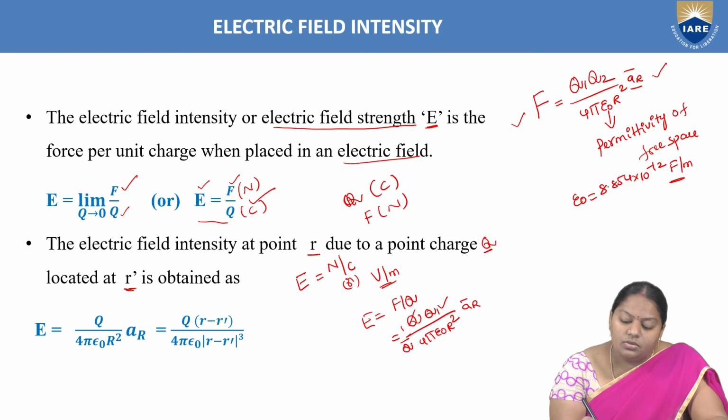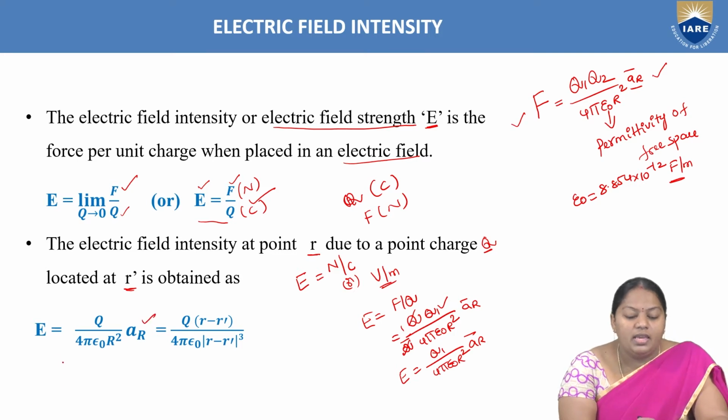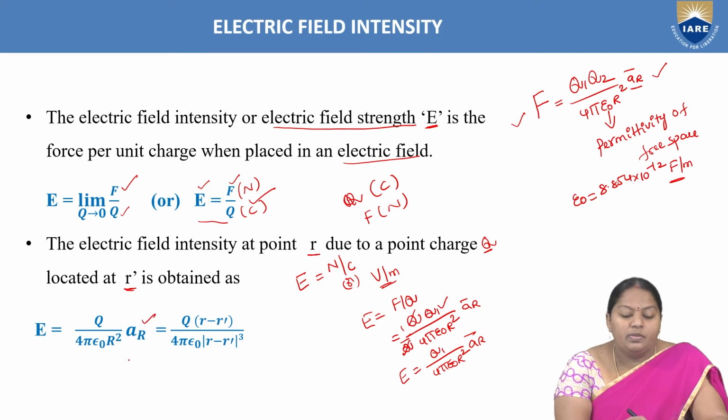Then this Q and this Q get cancelled, hence E equal to Q1 by 4 pi epsilon naught R square into AR. So the general equation is E equal to Q by 4 pi epsilon naught R square into AR.